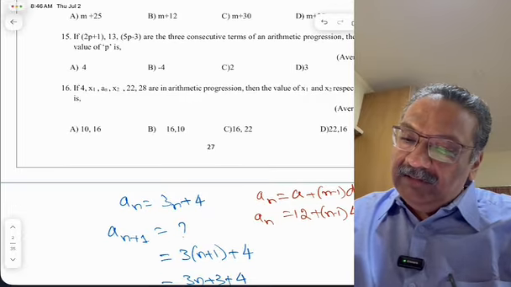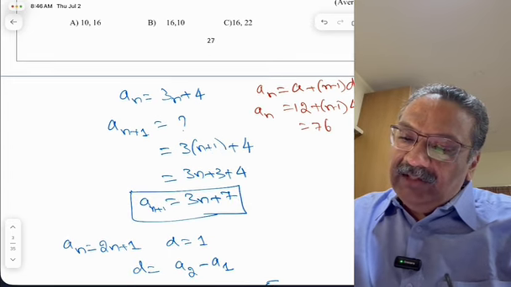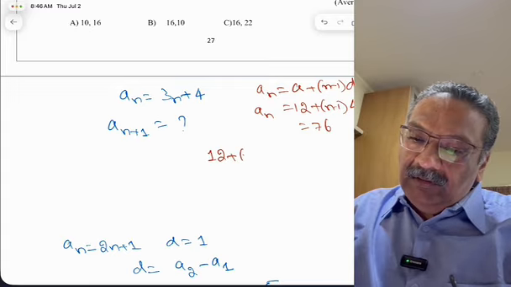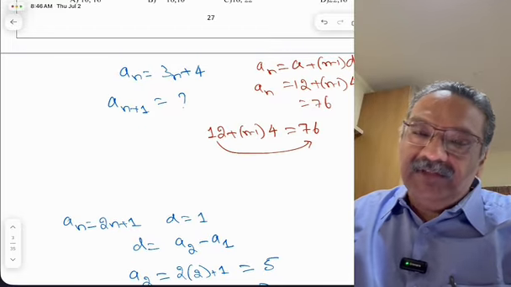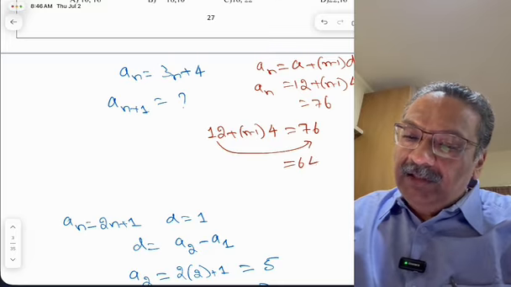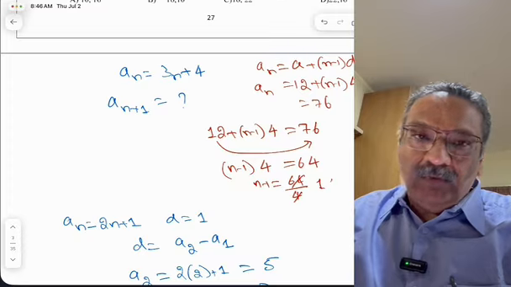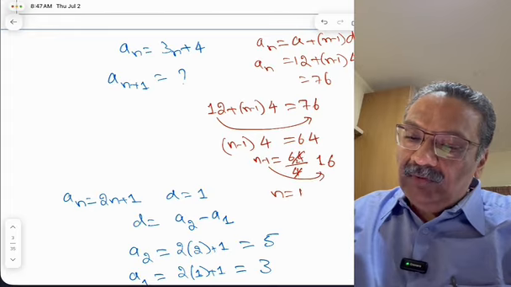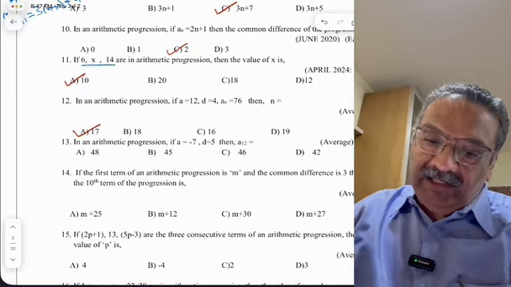So we have the equation 12 plus n minus 1 into 4 is equal to 76. 12 if it comes this side becomes minus, 76 minus 12 is 64. So n minus 1 into 4 is 64. So n minus 1 is 64 divided by 4. 4 ones are 4, 6 fours are 24, so n minus 1 is 16. If 1 comes this side, 16 plus 1 is equal to 17. n is 17 here.